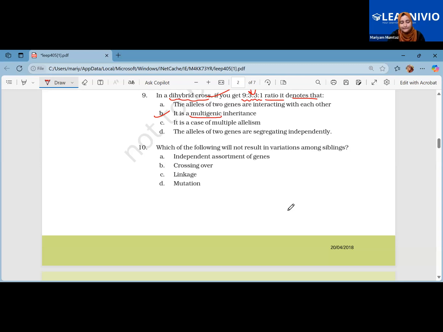Okay. How? Because in linkage, we will not get the variations among the siblings, because linked genes are on the same chromosome, and they will be transmitted together. See, if it is tightly linked, then it will not be inherited separately, and then the difference of characters will also not show.